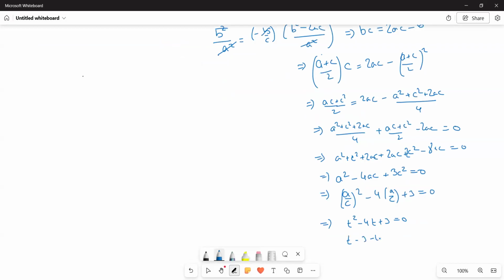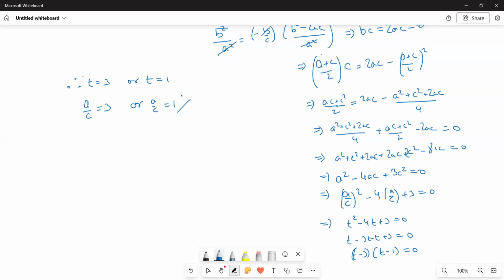So t square minus 3t minus t plus 3 is equal to 0. So t minus 3 into t minus 1 is equal to 0. Therefore, t is equal to 3 or t is equal to 1, which implies A by C is equal to 3 or A by C is equal to 1.